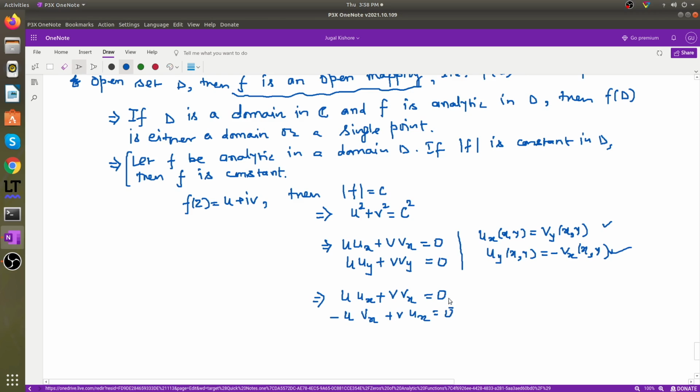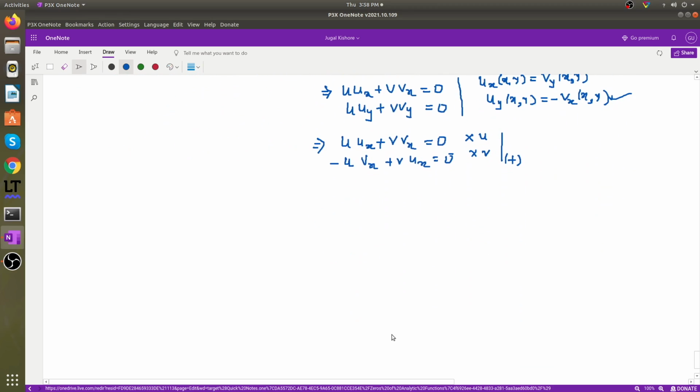Now if I multiply the first equation with u and the second equation with v, and add these two equations, finally I get that (u squared plus v squared) times ux is equal to 0.